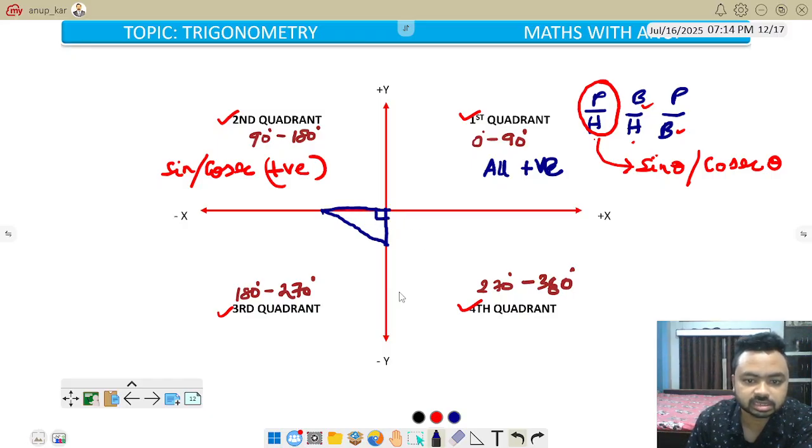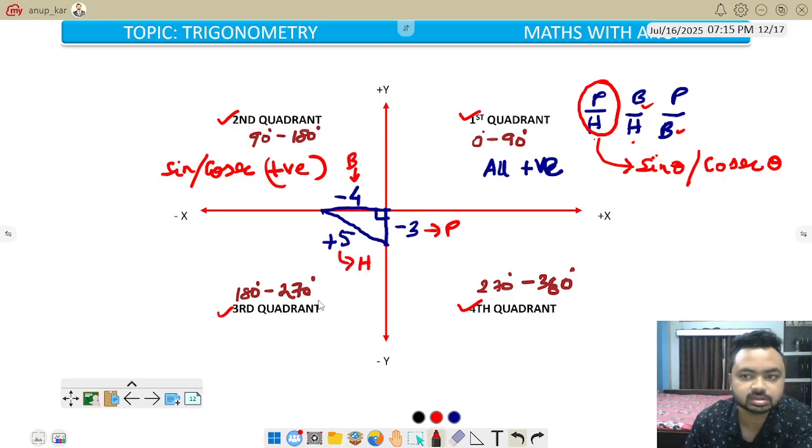Suppose here it is the negative y-axis, so suppose this value is -3, the negative x-axis value is -4, and here it will be root over (-3) square plus (-4) square, which comes out to be +5. So this is my perpendicular, this is my base, and this is my hypotenuse.